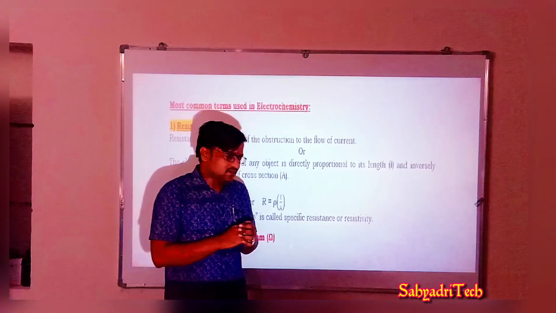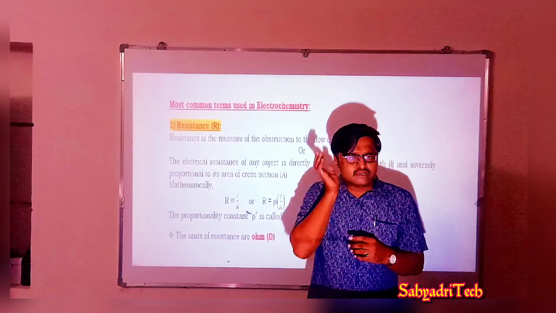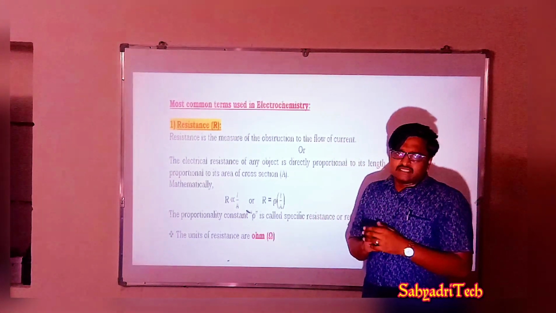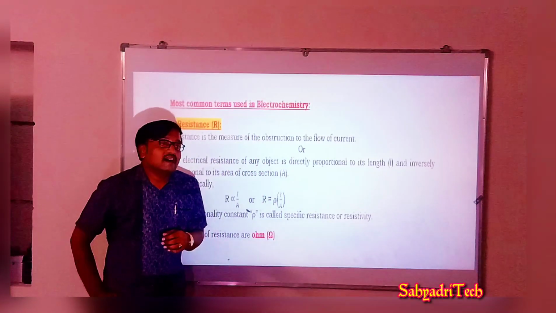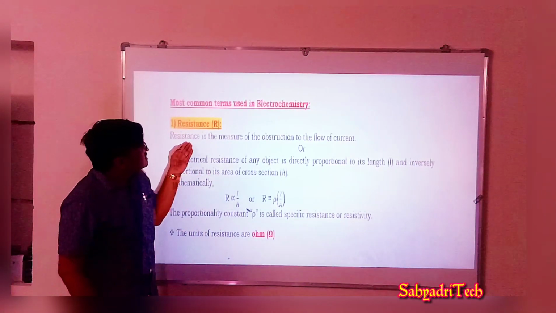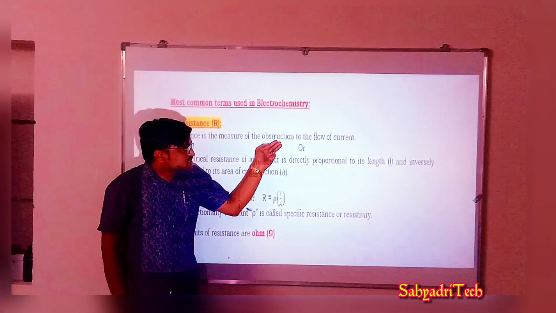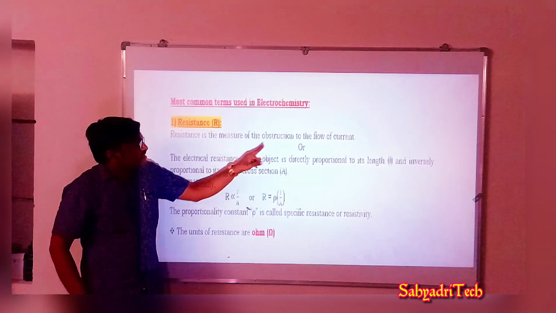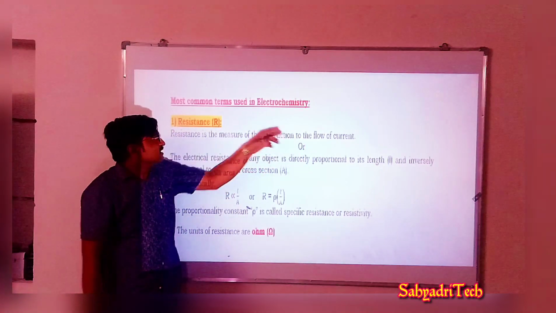So all conductors are going to have certain resistance, meaning they have some opposing force acting against the conductance. So we say resistance is the measure of obstruction to the flow of current. This is one simple definition for resistance.